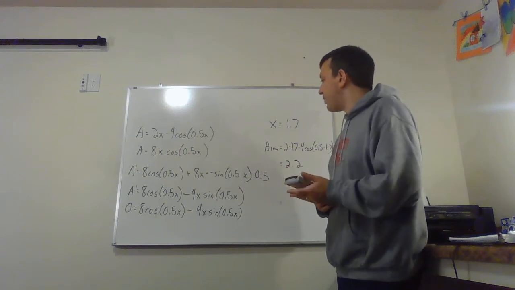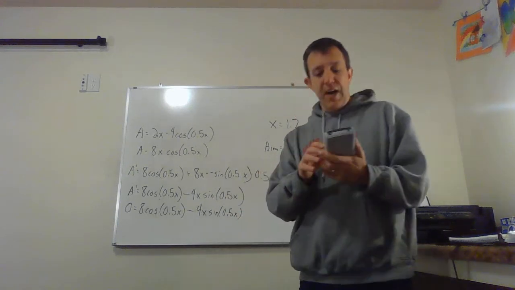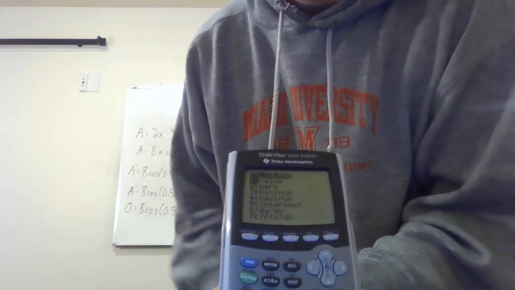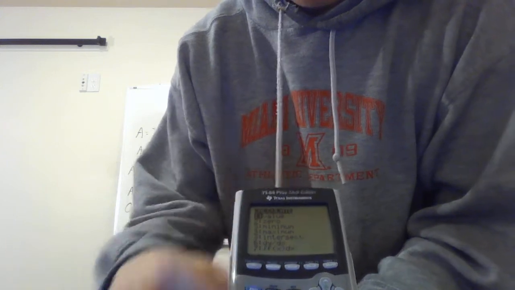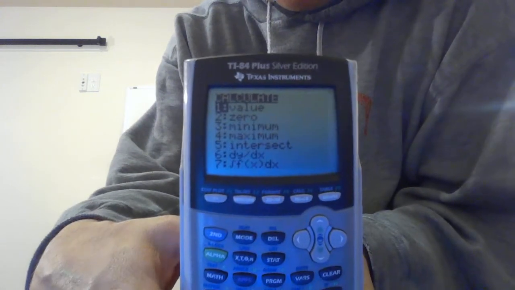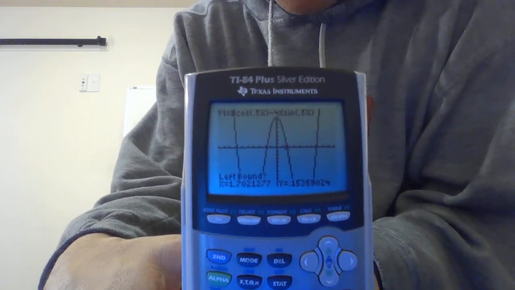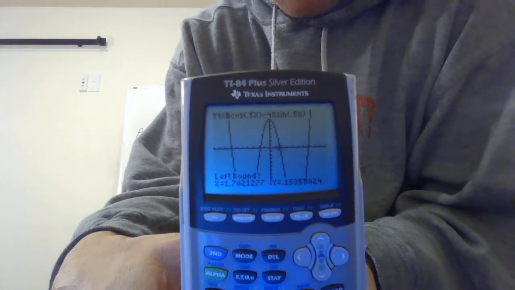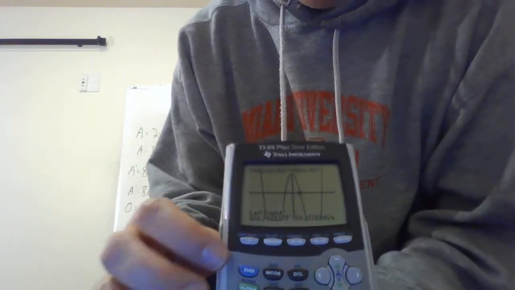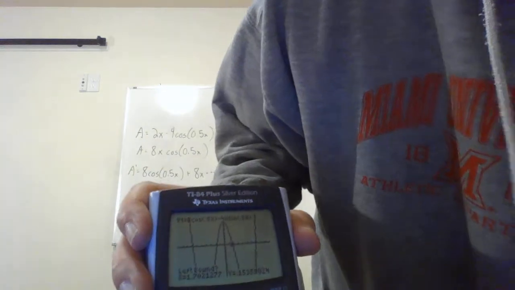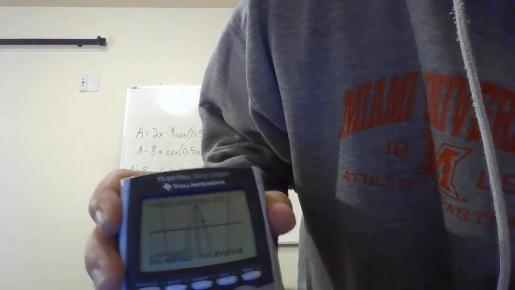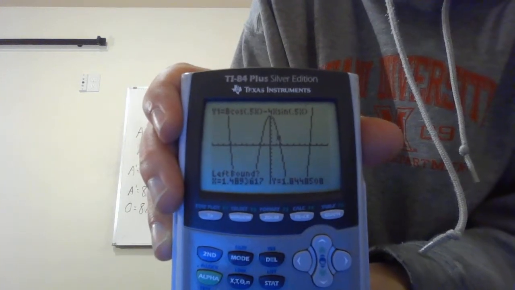All right, so if you graph it, you can hit the second and then the trace button, and then you'll notice that the second option on there is to find a 0. So you hit 2, it wants a left bound and a right bound. So what you do is you take that little flashing cursor, so it wants a left bound first, so I'm going to make it just a little bit on the left-hand side of the 0 I want.